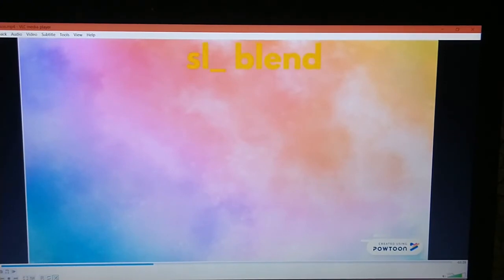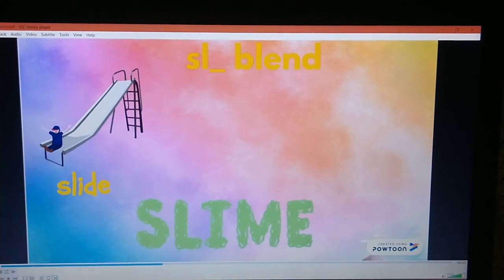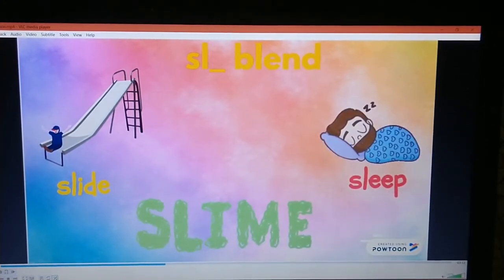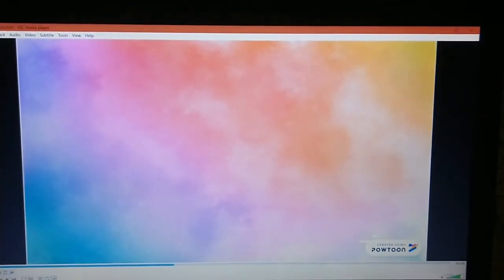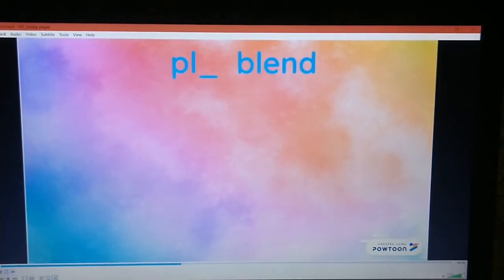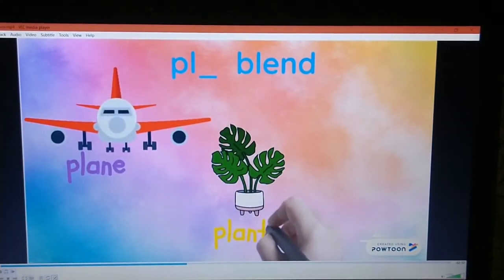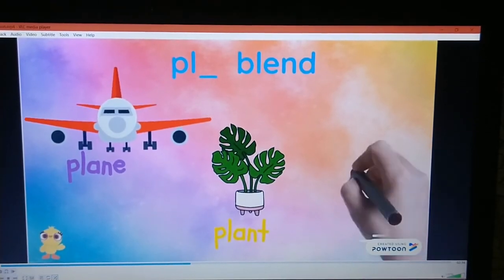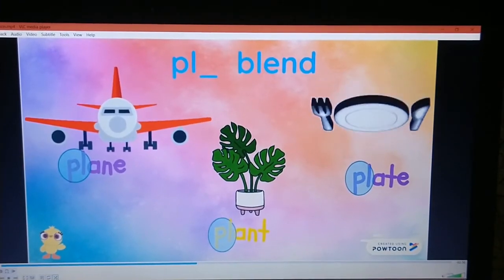Now the next blend we have is SL, sla, slide, slime, sleep. Now PL, pla, plane, plant, plate.